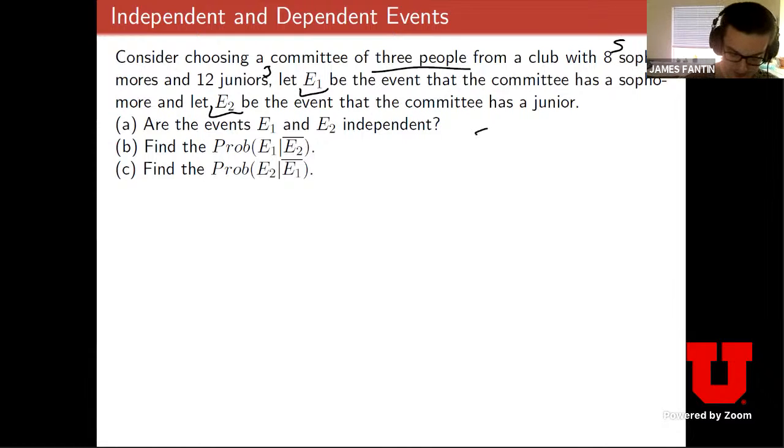If we have a committee with 3 sophomores, event E1 happened, but event E2 cannot happen. You can't add another J to this because it's already made up of sophomores. So these are actually dependent events, and that's why parts B and C make sense.